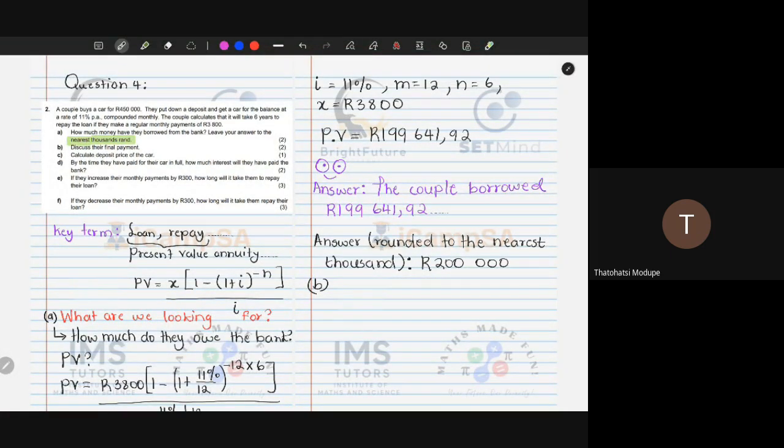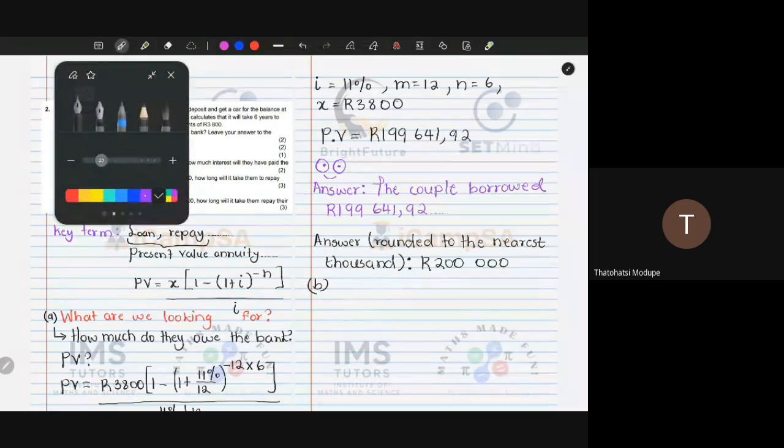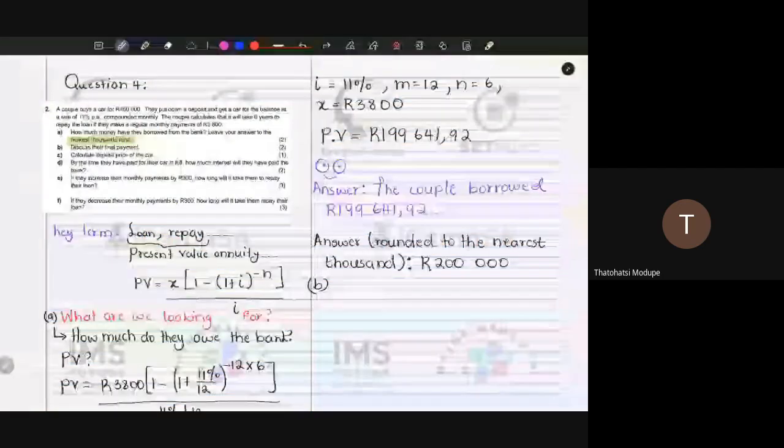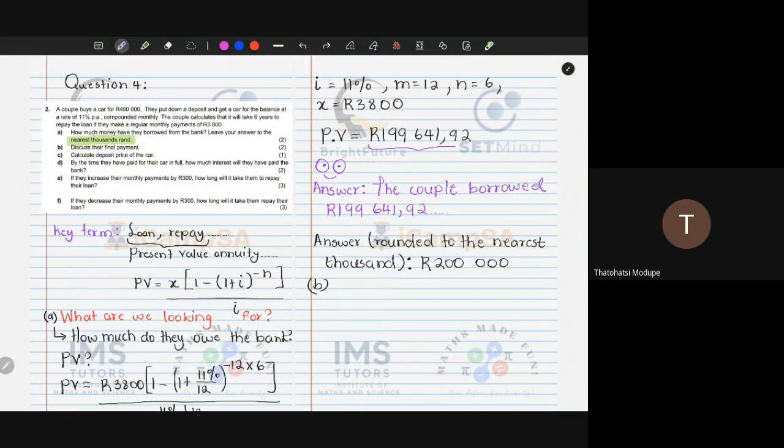Okay, I'm going to give it to you. So remember that the 3,800, guys, works out if the bank says you owe us exactly this amount. So if they pay 3,800 on the dot, they will be able to make it.